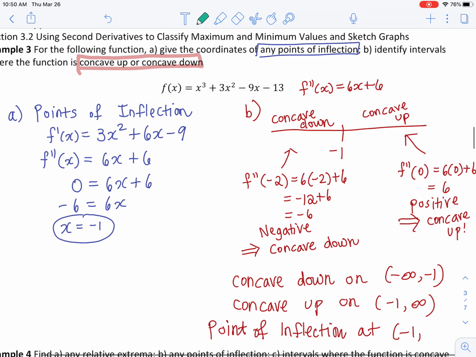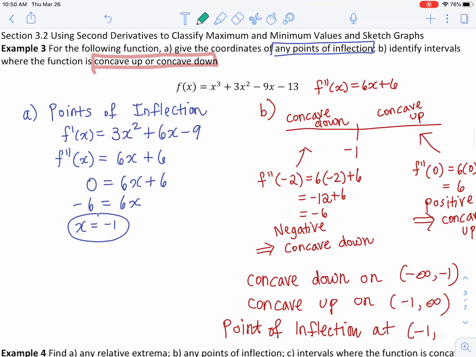We better find that y value, right? Let's find that y value when x is -1. So where do you plug that -1 in? Into the original function. -1 cubed plus 3 times -1 squared minus 9 times -1 minus 13. That will be -1 plus 3 plus 9 minus 13.